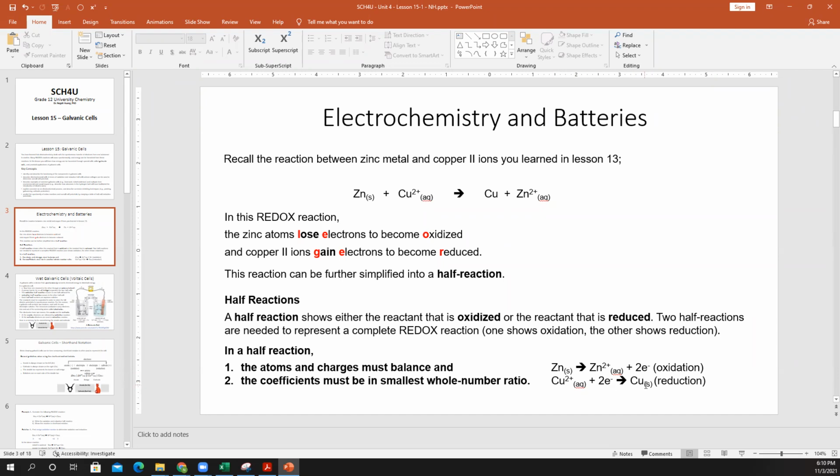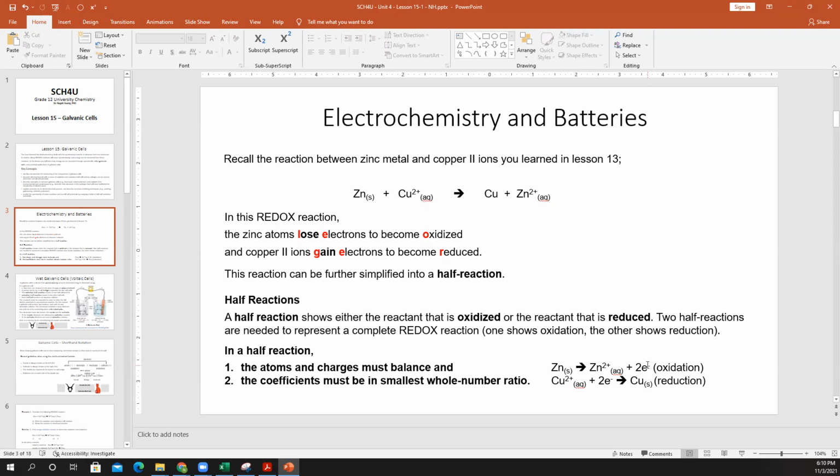The smallest whole number ratio would be 1 copper ion plus 2 electrons goes to 1 copper atom. And then you have to make sure that the atoms are balanced. So if you have one zinc on this side, you have one zinc on that side. If you have two of something, then you have to have two of that element on the other side as well. The same goes with the electrons.